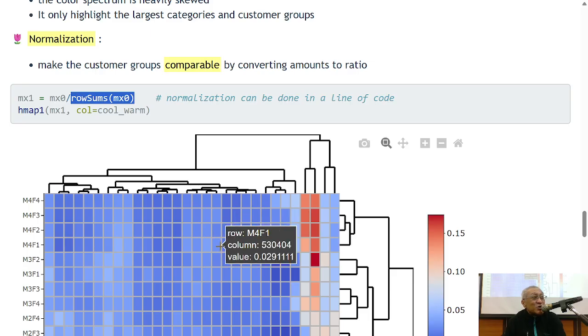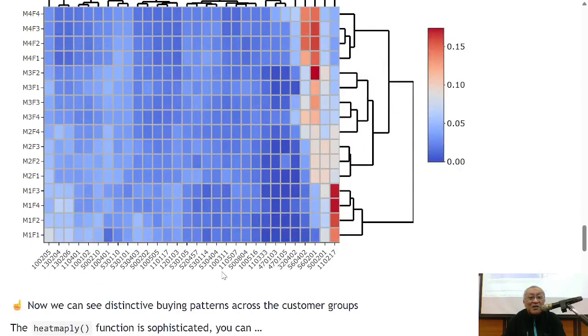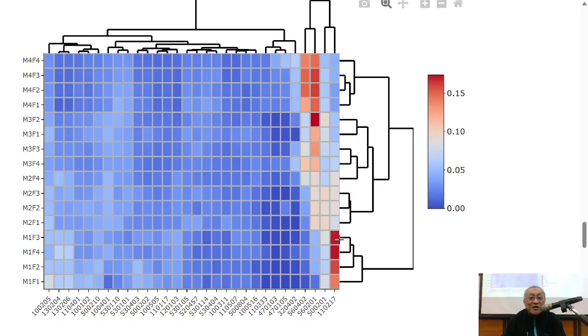Okay? So now you can see that these four groups of customers, they tend to buy 110217, right? They spend a large amount of money buying that, right? Okay? And this group, they like to buy this product, but not so much, right?